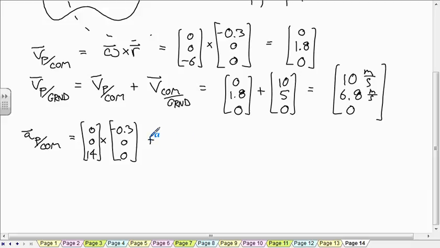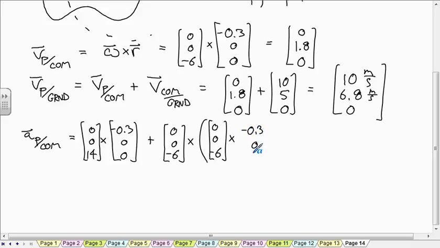And then the omega vector is 0, 0, -6, crossed with the quantity 0, 0, -6 cross -0.3, 0, 0. So that first term should be 0, -4.2, 0.